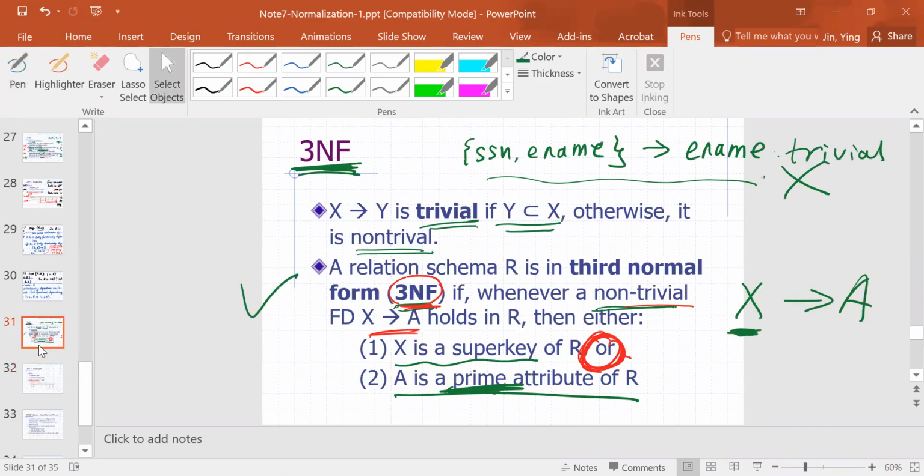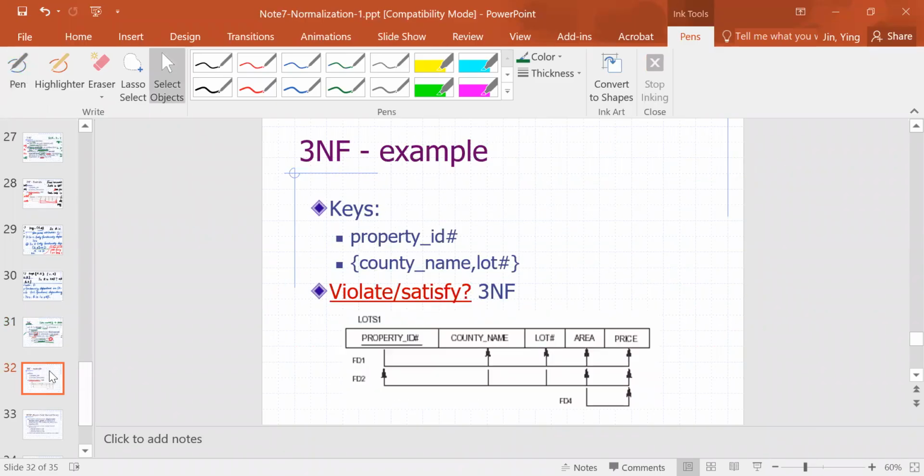Remember we need to check for a super key. One way to check is that any key is a super key. We know this is true because a key is a super key with an additional restriction, that the key must be minimal.